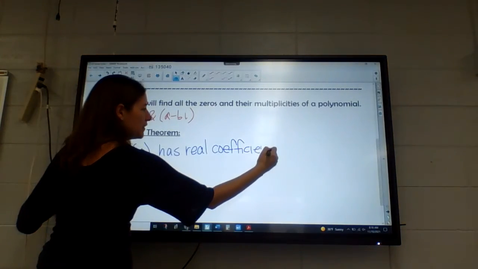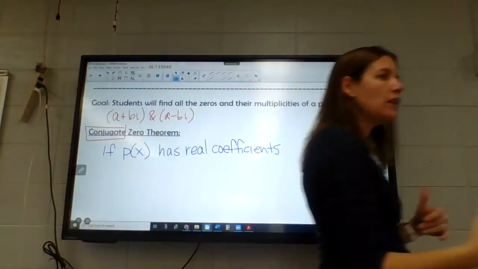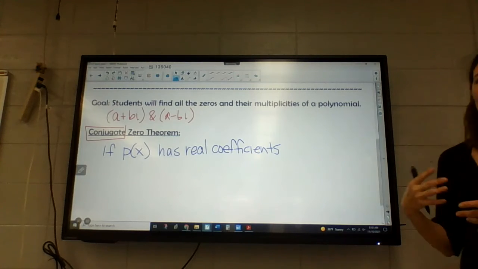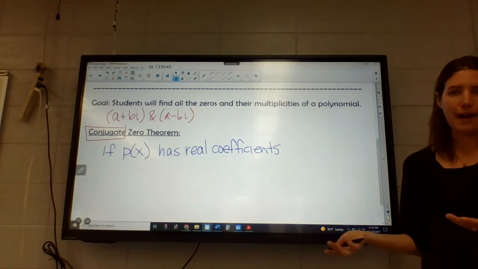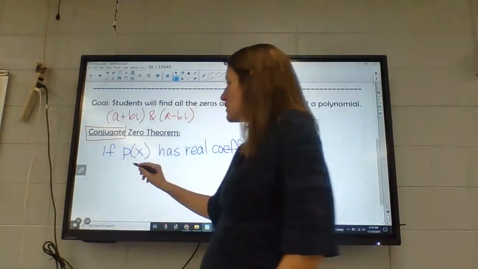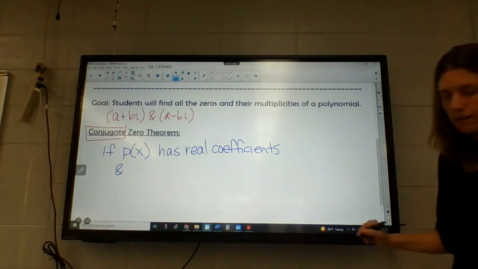Now this is something you'll hear a lot in this second section. If a polynomial has real coefficients, and we're mostly going to deal with real coefficients, that means all the numbers in front of the variables are real numbers, not imaginary. So if we have a polynomial with real coefficients, just your normal run-of-the-mill polynomial, and one of the conjugates is a zero.